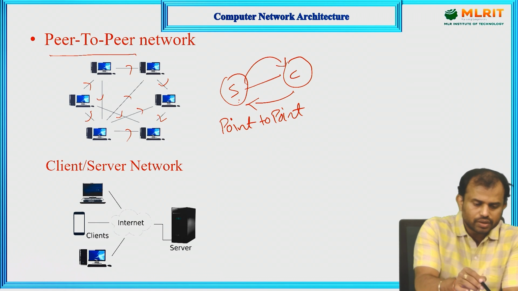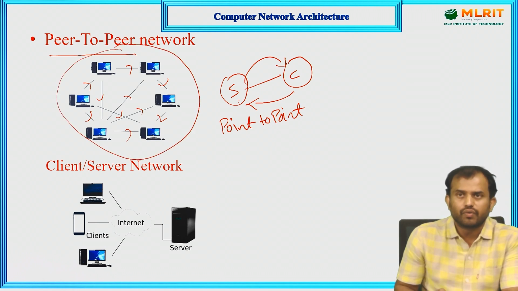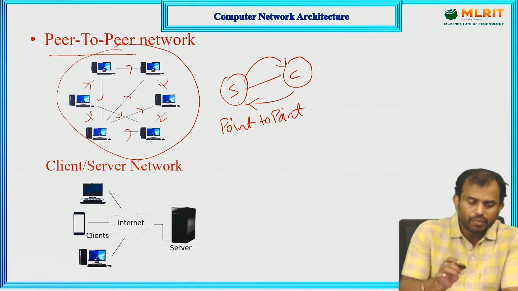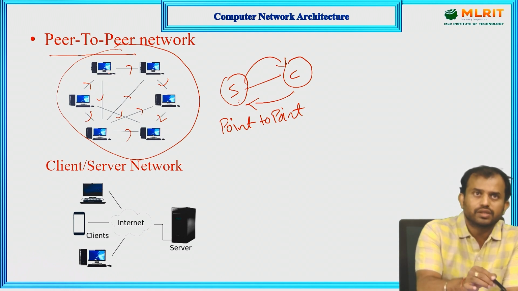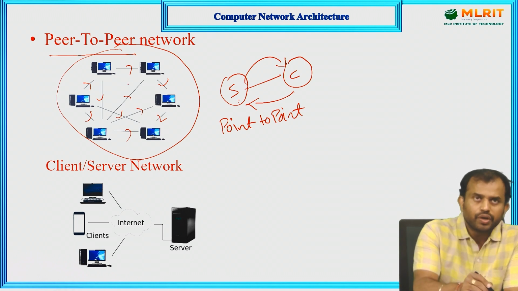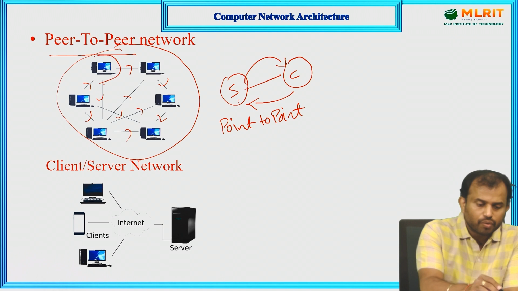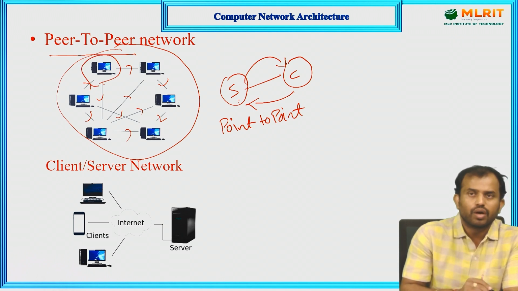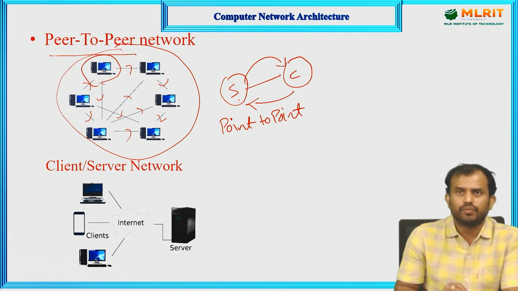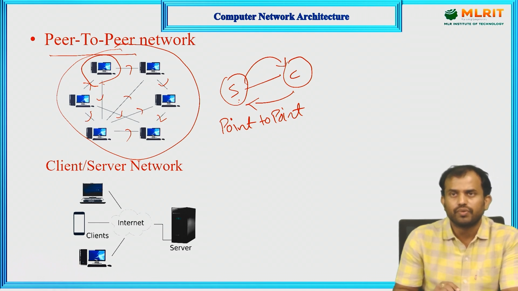When you see this image, I have n number of servers and n number of clients, but every system can act as a server as well as a client. In the P2P network architecture, the major advantage is that one system can act as a server as well as a client, but at a time it can respond to only one client.